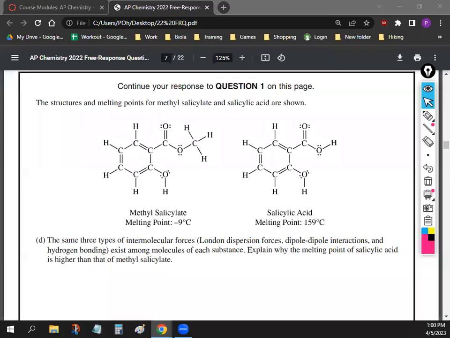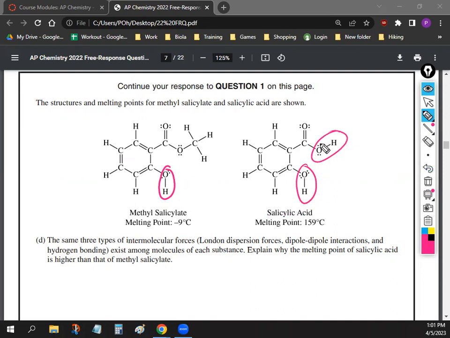All right, I'm going to give you the answer just really quickly, because it's a pretty simple answer. The reason why is because of hydrogen bonding. If you take a look at methyl salicylate, how many spots are there for hydrogen bonding to occur? One. There's one site right here. But if you look at salicylic acid, how many sites are there for hydrogen bonding? Two. Right here and right here. And that's the reason why it has such a much higher melting point.